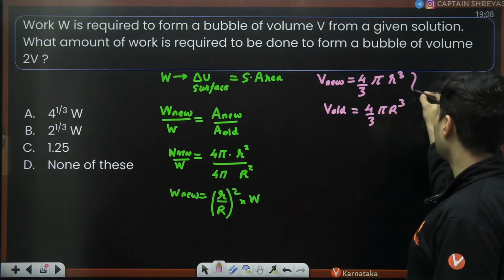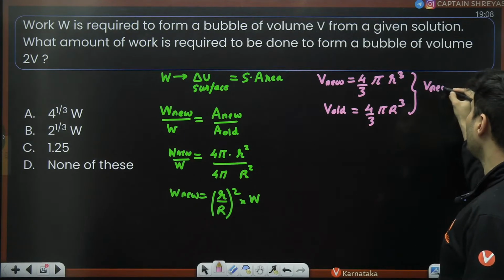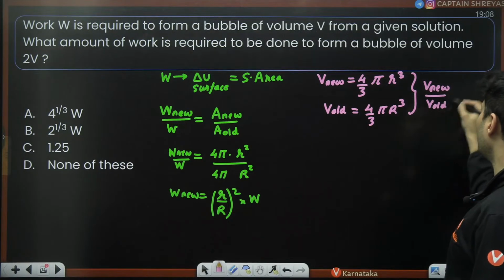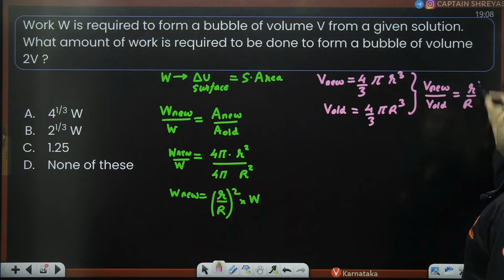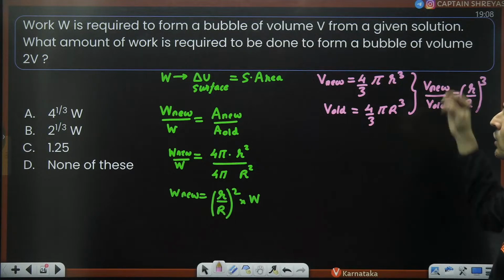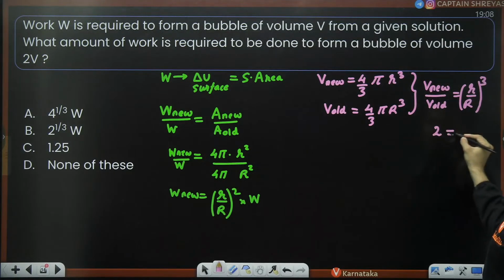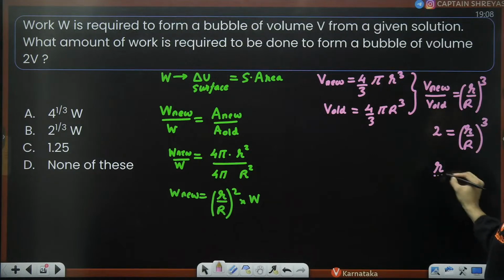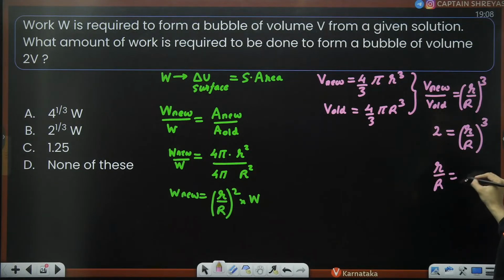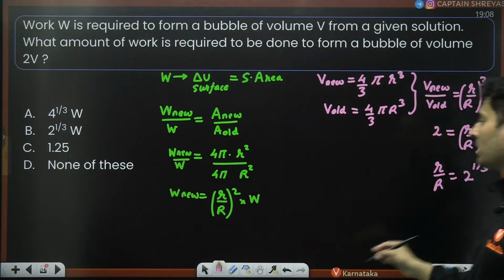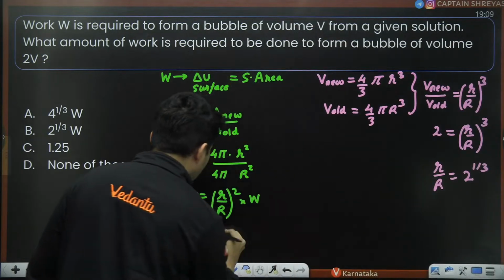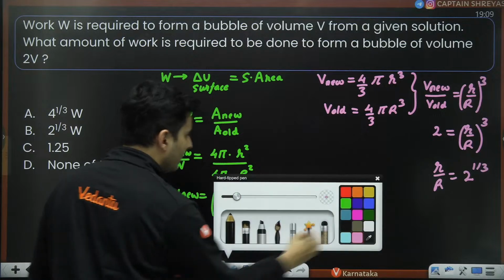If I divide both of them, I will get the new volume by the old volume as r by R whole cube. The new volume is double of the old. So 2 is equal to r by R raised to 3. Therefore, r by R is 2 raised to 1 by 3.